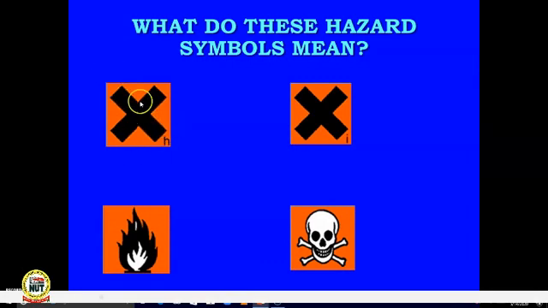Now, I have here an X sign with a little lowercase h, and what this means is that any bottle of chemical that contains this means that that chemical is harmful. It's harmful to your health. It can make you sick. Then down here, this is a sign of fire, meaning something that is burning.